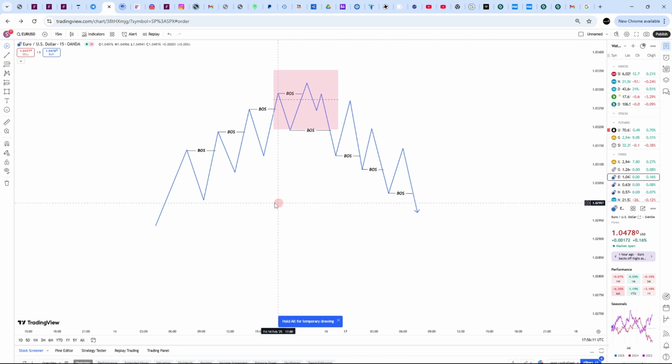That's different from continuation trading, where we can be buying on an uptrend or selling on a downtrend on each and every move or retest, so that we can catch many wins before the trend ends. For reversals, you take a good trade from here and you catch the whole move up to the end of the trend.